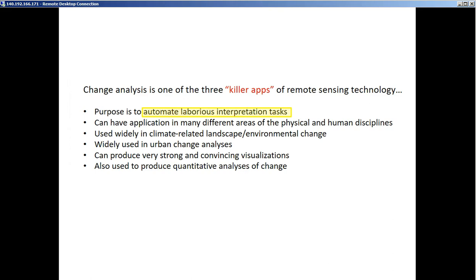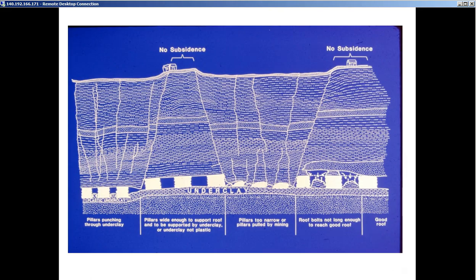And change is perhaps the most important thing that we're analyzing now. Many different kinds of change, human and physical or natural change. And then ultimately for us as remote sensors, it's also used to produce quantitative analyses of change. And so this is also very important for us.